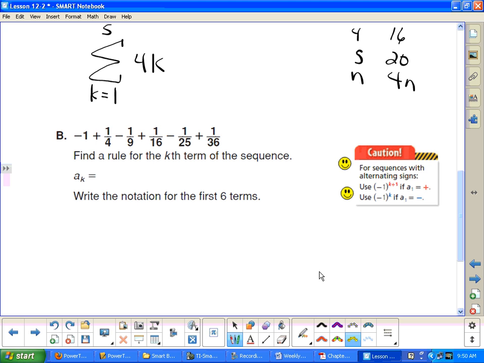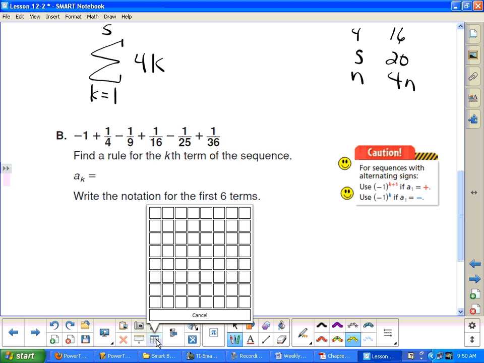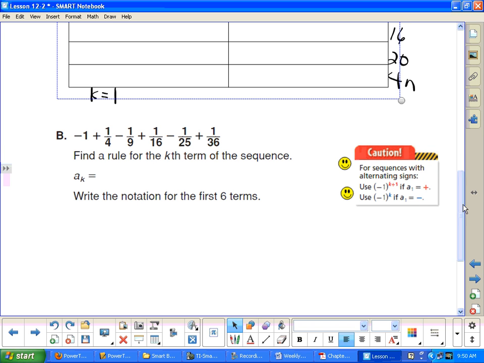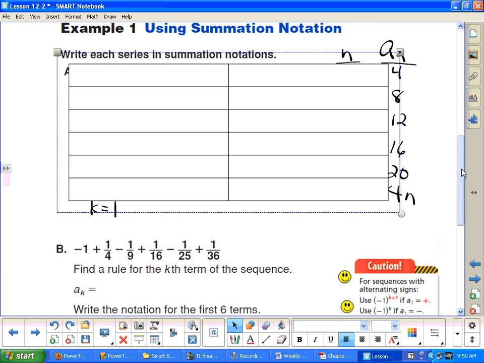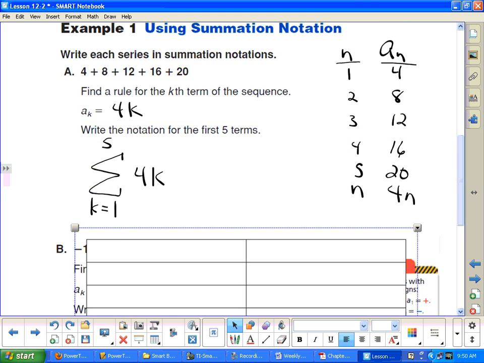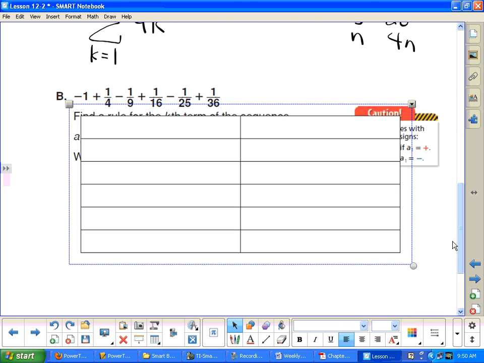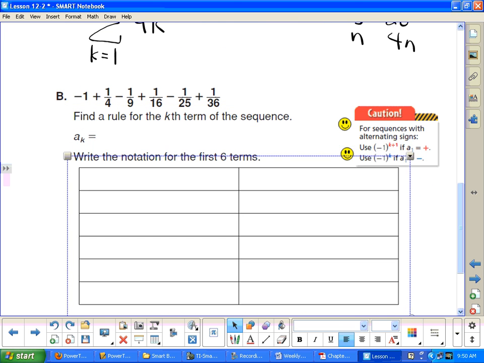And so I'm going to make me a table. Again, I'm going to go ahead and actually make a real table in this case. So I need, what is there, 2, 4, 6 of them. So I need 6, 1, 2, 3, 4, 5, 6. Let's bring it down here.